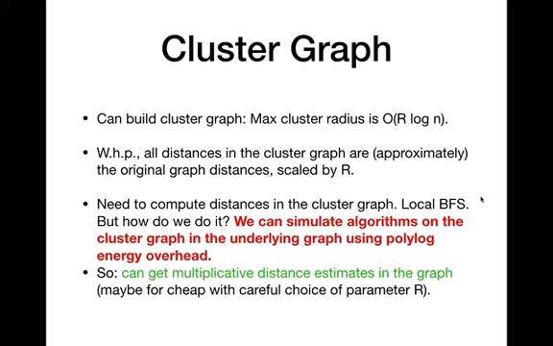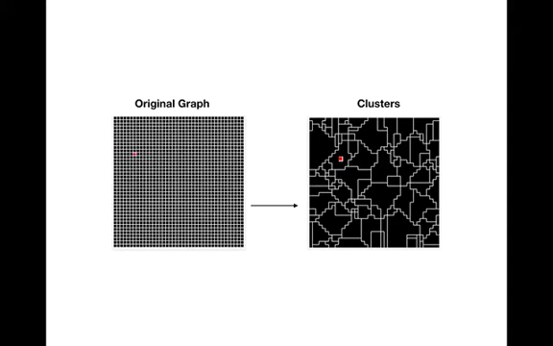Okay, so if we can do this, then we can do local BFS to get multiplicative distance estimates in the cluster graph. And maybe we can even do this for cheap if the parameter r is chosen carefully. And hopefully that means that we can get these multiplicative estimates. And incidentally, if the original graph was a square grid, then here's a picture of what the clusters could look like.